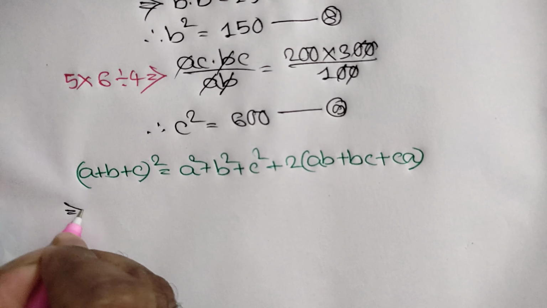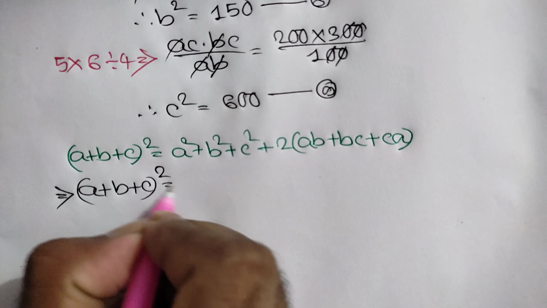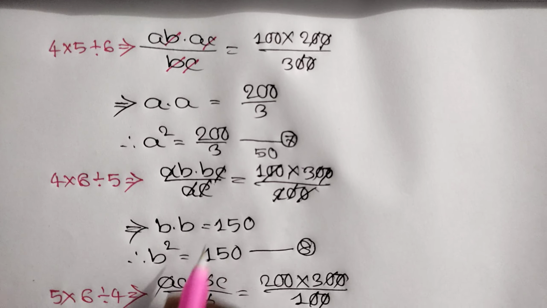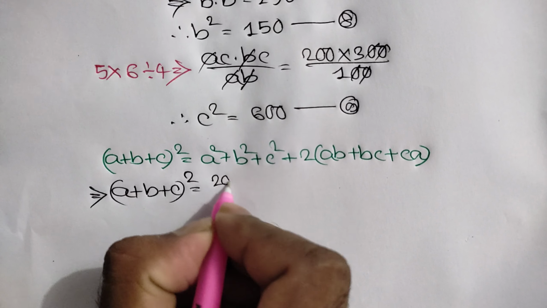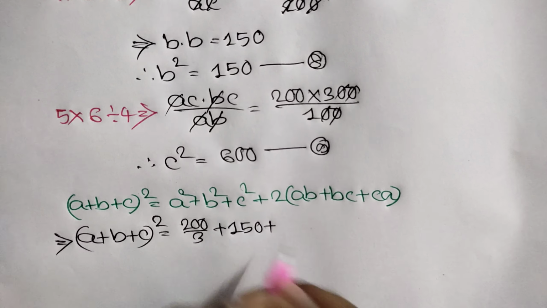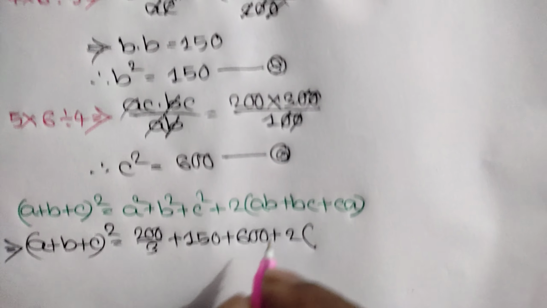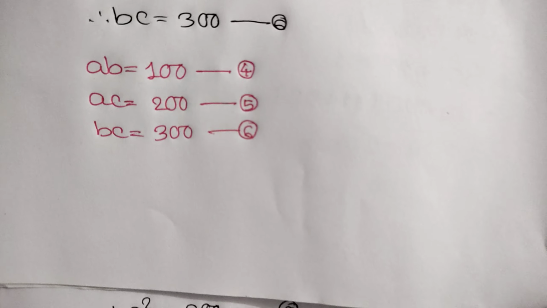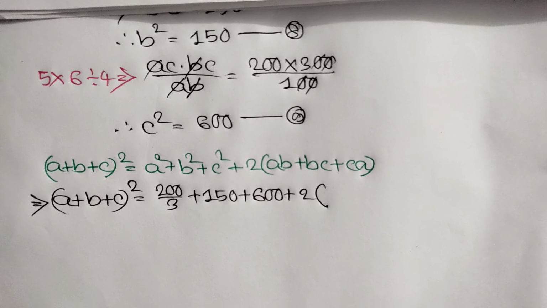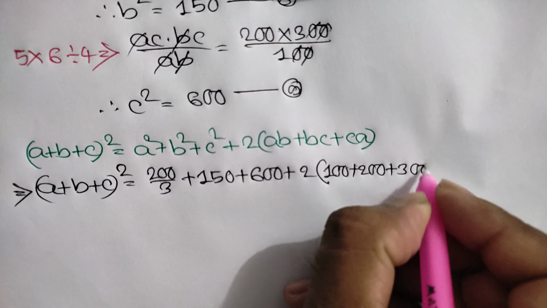Now we can write here A plus B plus C whole square is equal to A square, that means 200 over 3, plus B square is equal to 150, plus C square is 600, plus 2 times AB is equal to 100, AC is equal to 200 and BC is equal to 300, so we can write here 100 plus 200 plus 300.